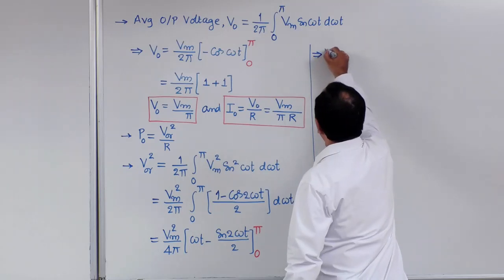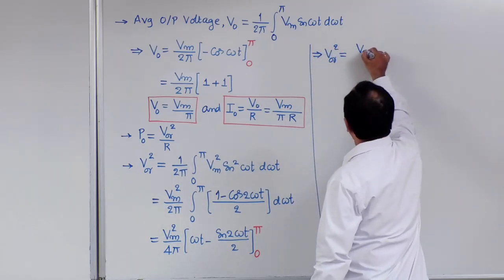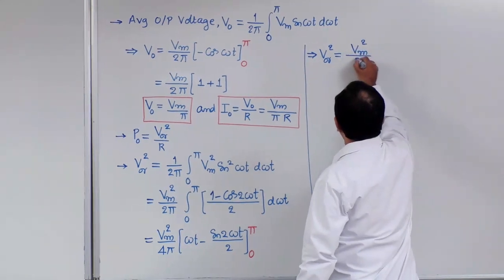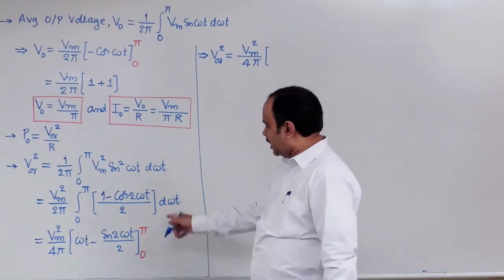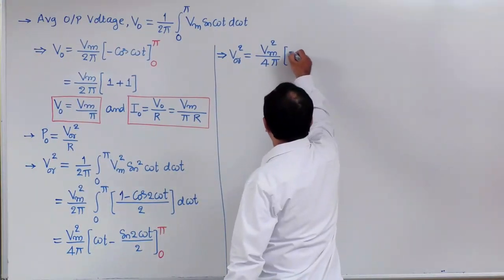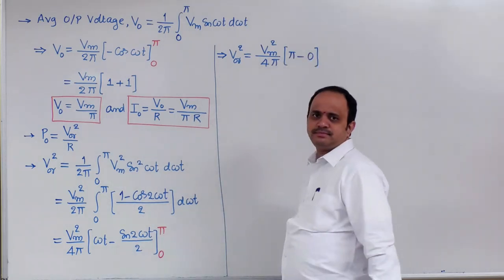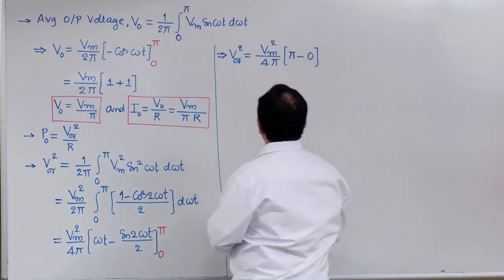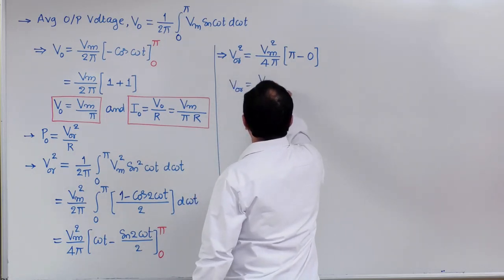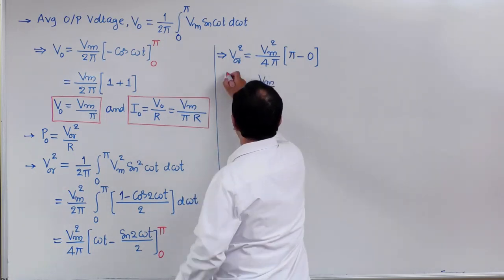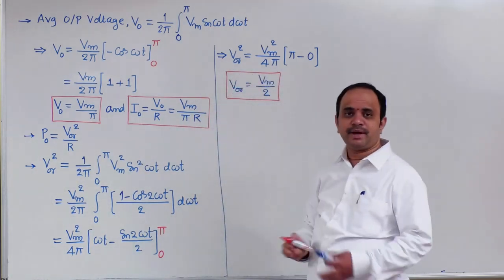Next, Vor square is equal to Vm square divided by 4 pi. Upper limit minus lower limit is pi, minus sin pi and sin 0 will be 0. Leave that. So pi and pi will cancel out, and if you take a root, the RMS voltage is equal to Vm divided by 2.